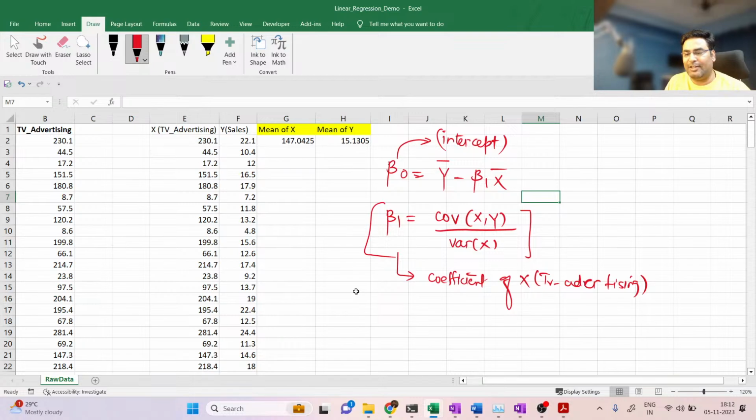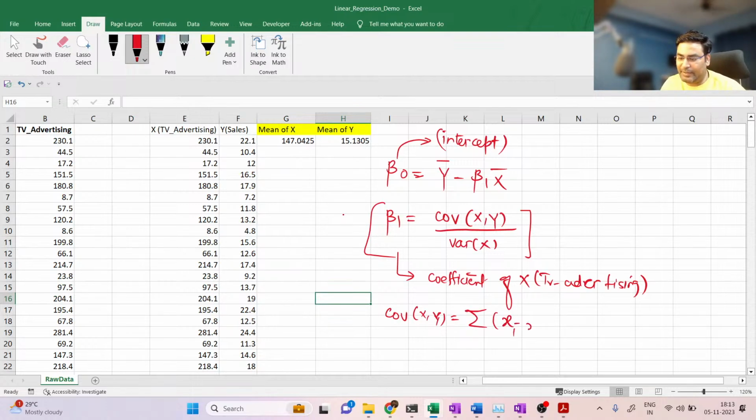Now, I think again you have to go back and understand what is covariance of x comma y. I hope some of the guys already know it. Variance everybody knows. What is covariance, guys? Covariance of x comma y is sigma of xi minus x bar times yi minus y bar, i equal to 1 to n, divided by n.